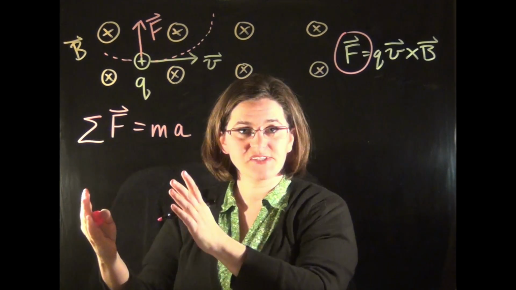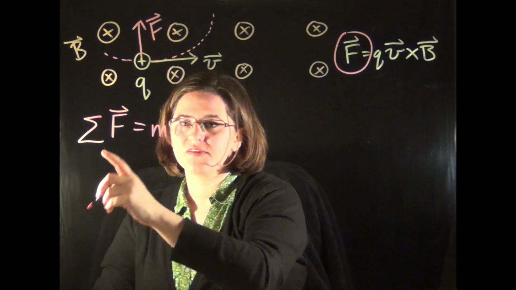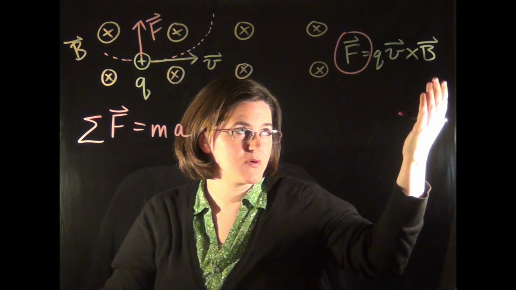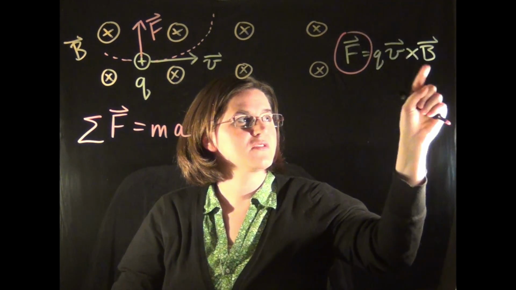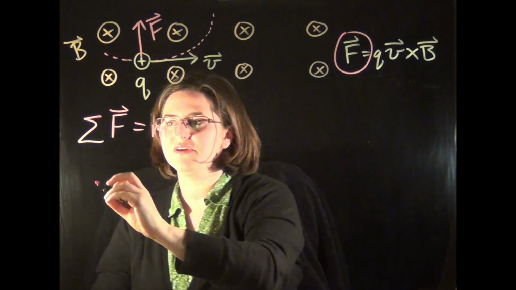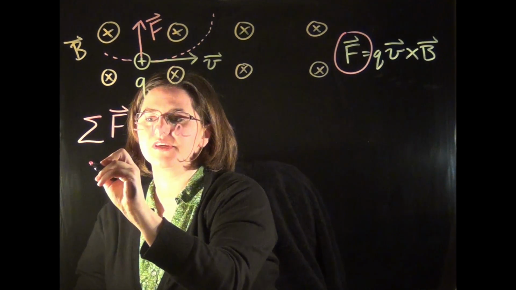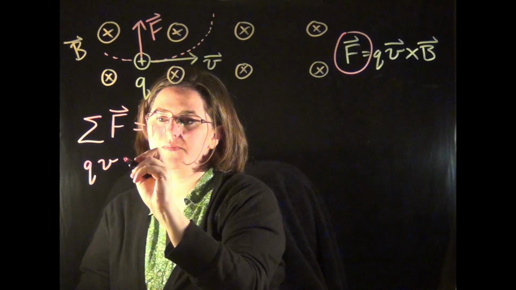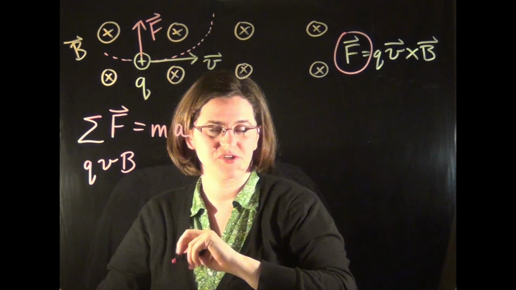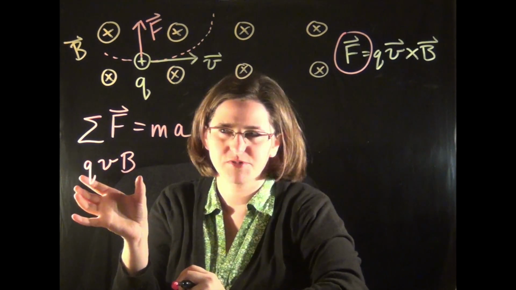Now, like I said, if this is the only force acting on this particle, the sum of the forces is qv × B. B is perpendicular to v, so our cross product simply gives us qvB, the magnitudes. I'm taking a cross product here, and now I'm just looking at the magnitude.